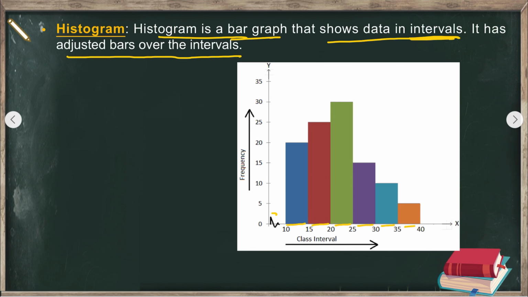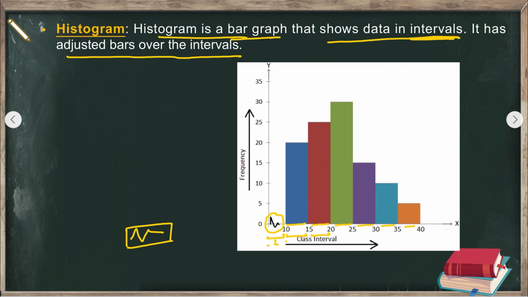This line is very important. You can see this zigzag line is shown here. This represents that some amount of data has been skipped in between. Like in between we have a gap of 5, that is 10 to 15, 15 to 20. The gap here is 5, but in the first one we have 0 to 10. That means we have skipped 0 to 5 and 5 to 10.